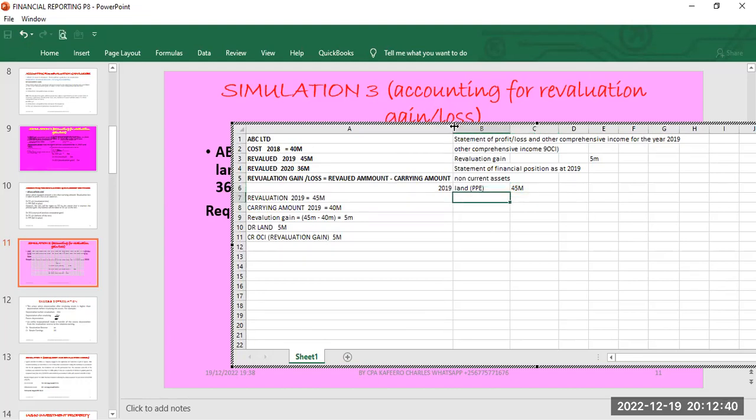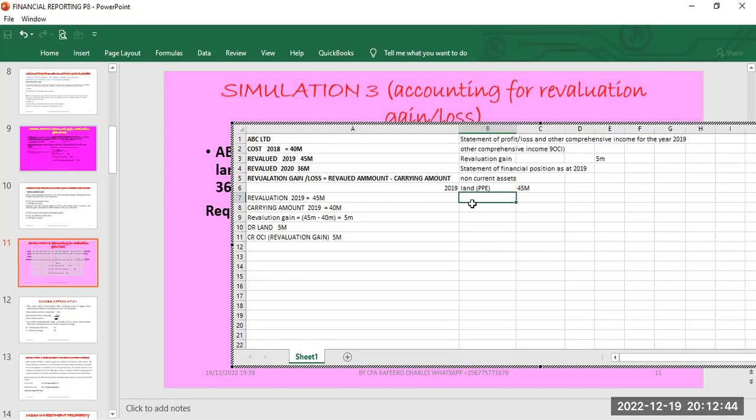Meaning that when we go to the equity section, where we say financed by, but this one we can say equity. In the equity section, we put the revaluation reserve.